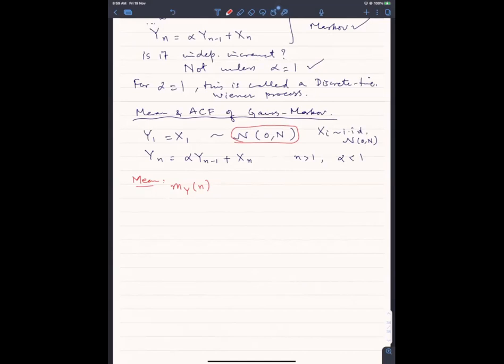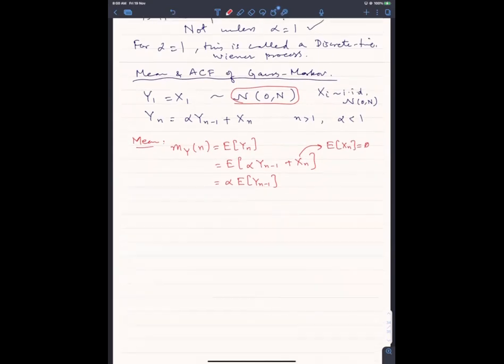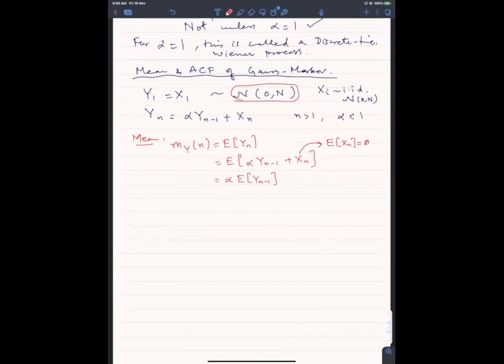So the mean of yn is equal to the expected value of yn, simply expected value of alpha yn minus 1 plus xn. Expectation is linear. So this would be equal to alpha times expected value of yn minus 1, और x of n की जो expected value है वो 0 है. Expected value of xn is 0. Why? Because it's a normal 0, n. So you can see that this is a sort of a recursive equation.